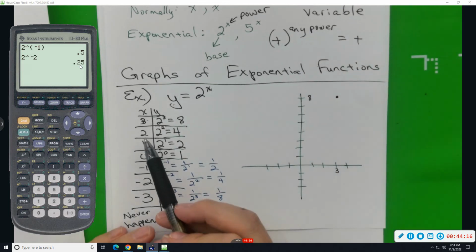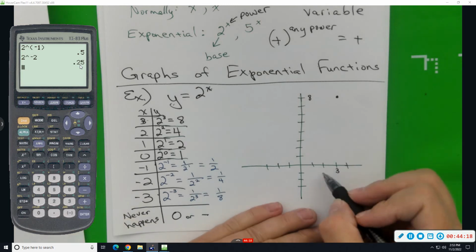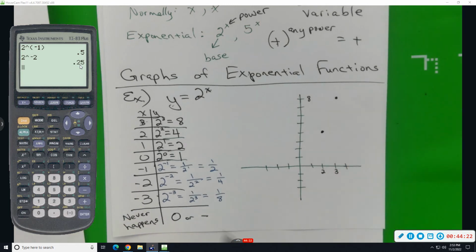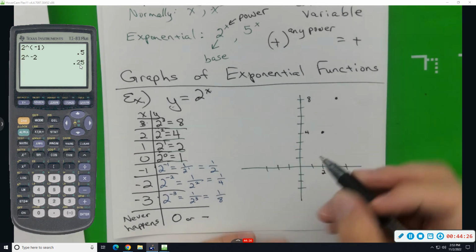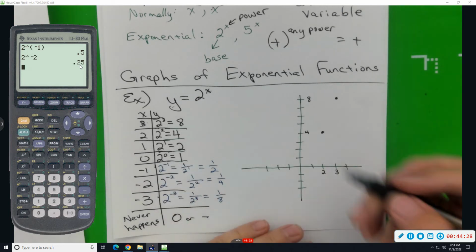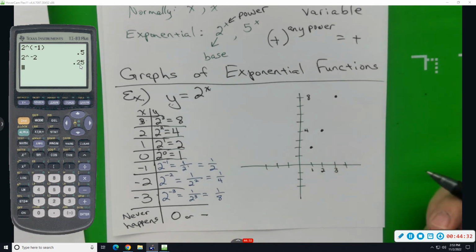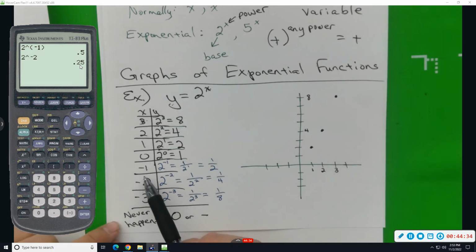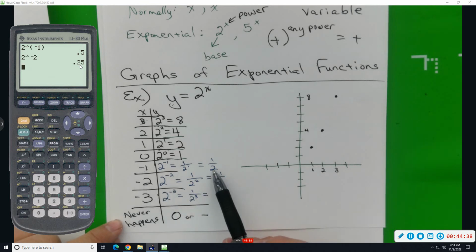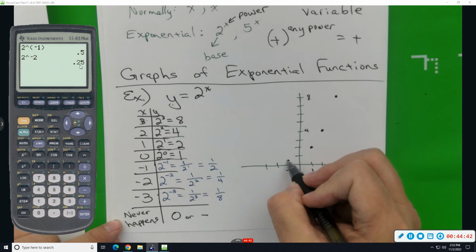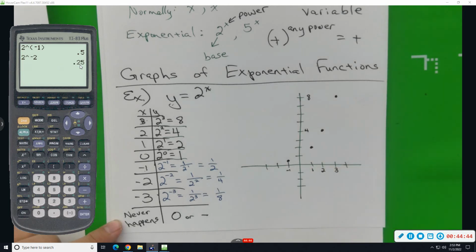Then we have the ordered pair 2, 4, right 2, up 4. We have the ordered pair 1, 2, right 1, up 2. Then negative 1, so we're going left 1, up a half a unit. So here we are at negative 1. We're going up just 1/2 of a unit.